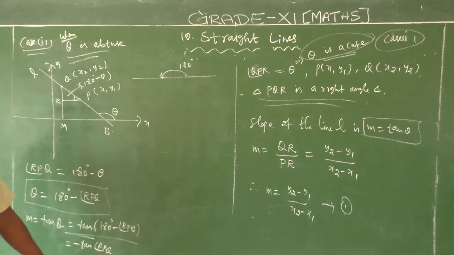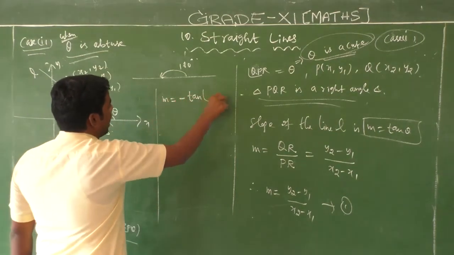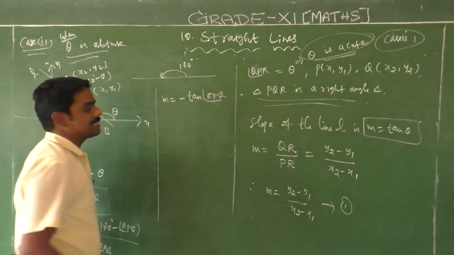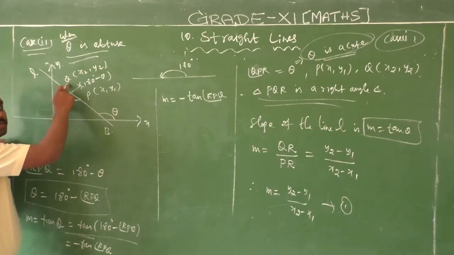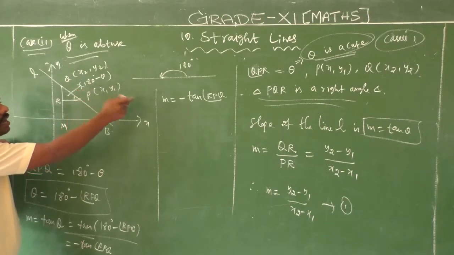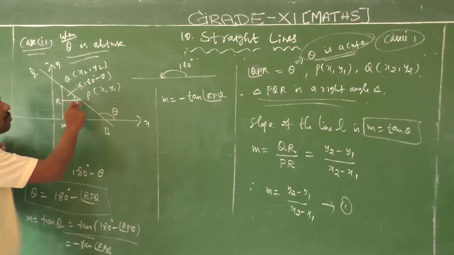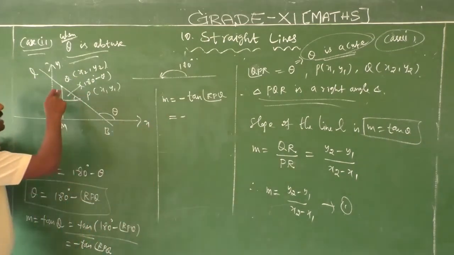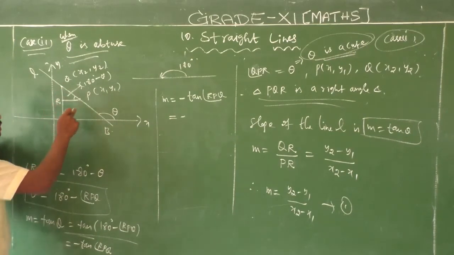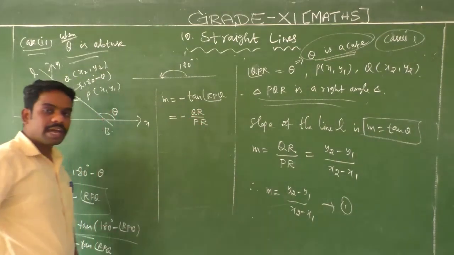So m is equal to minus tan of angle RPQ. See this diagram: the angle RPQ is 180 minus theta. Triangle QRP is a right angle triangle. Then tan of angle RPQ is opposite side QR divided by adjacent side PR.